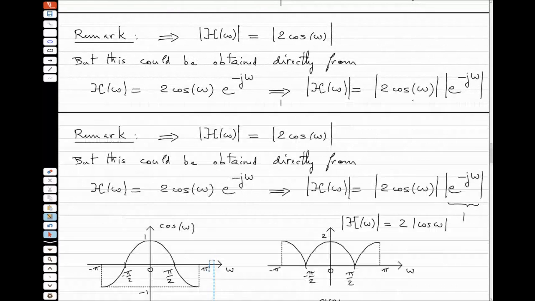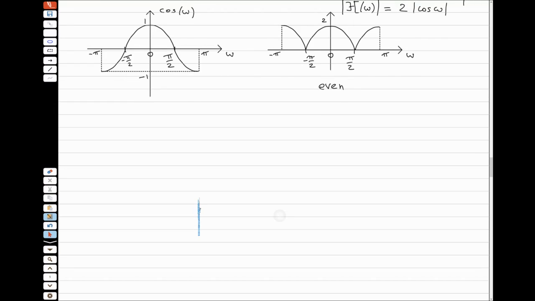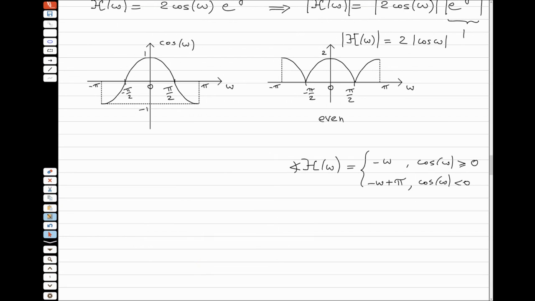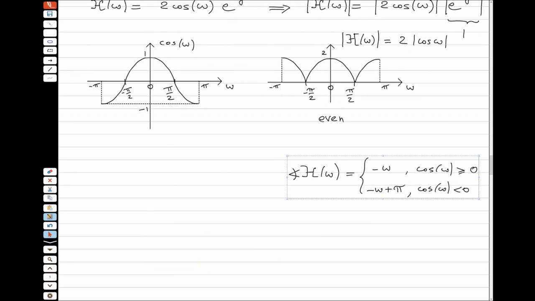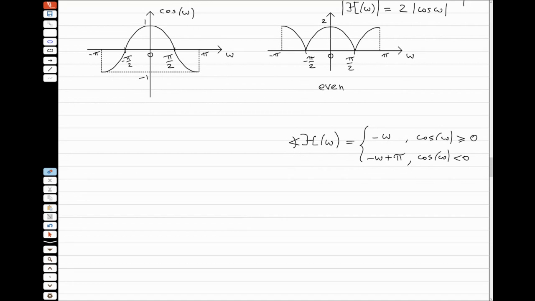Now I want to plot phase response. Okay, so phase response, I'm copying and paste the expression. Now, I will need to plot different curves for positive cosine and negative cosine. So I will depend on this graph.